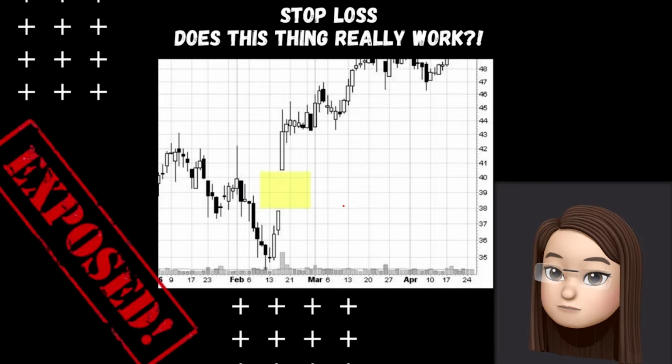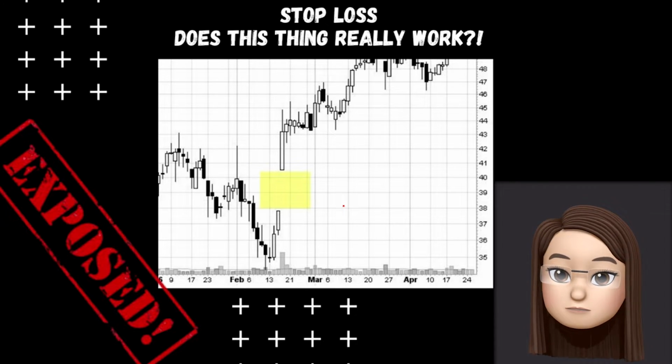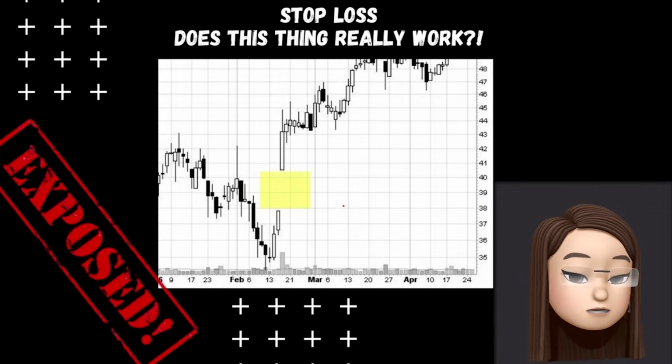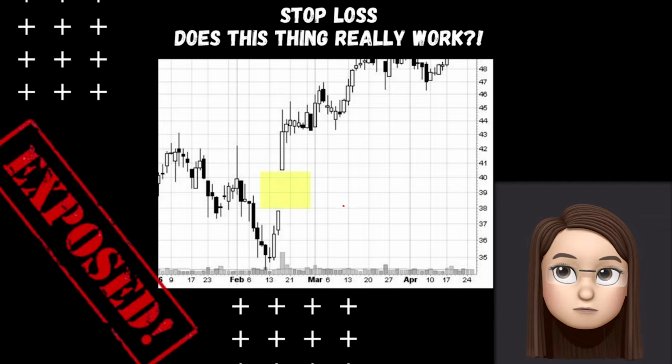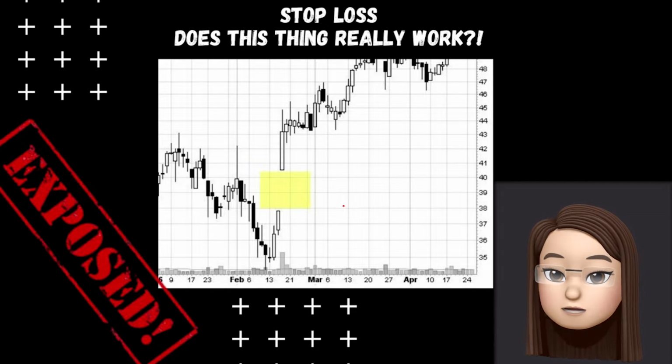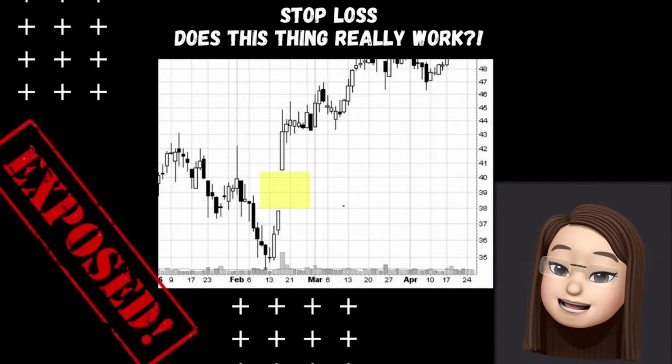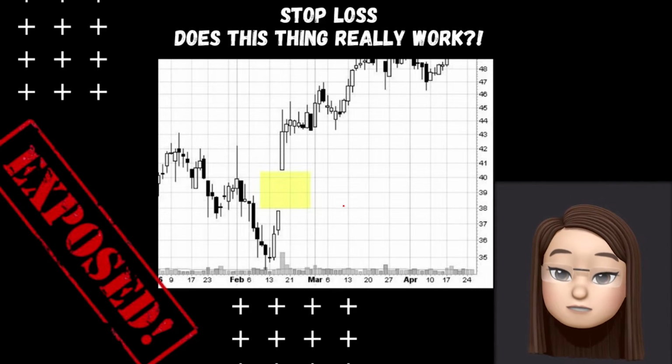Or is it? It will get executed, yes. But think about it. That price does not really exist on the market. How can the broker execute an order if that price doesn't really exist? Did they invent the price? Yes, exactly. They will invent the price for you.